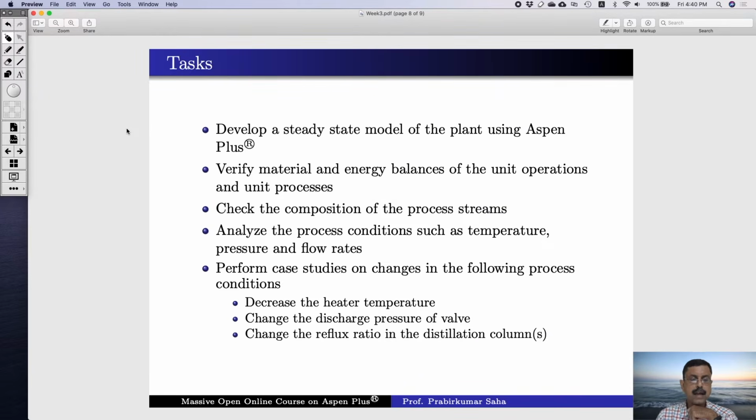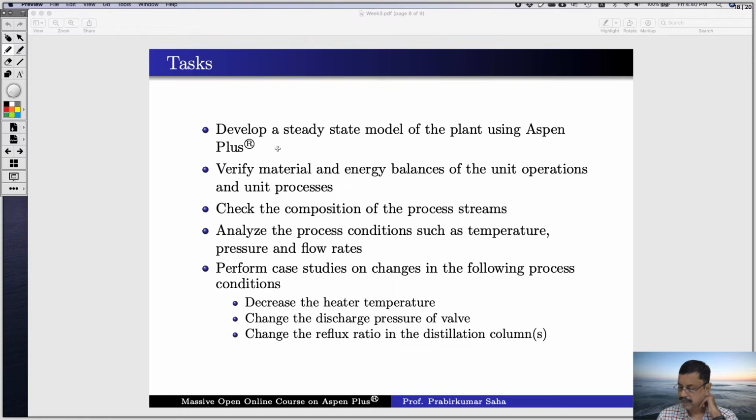Now, what are the tasks that we have to do? First, obviously, we have to develop a steady state model of the plant using Aspen Plus.